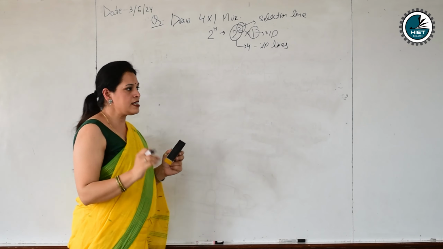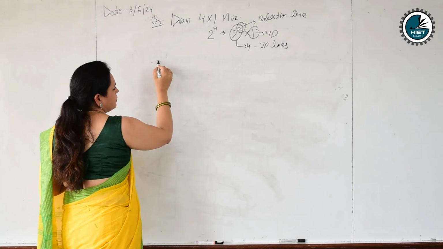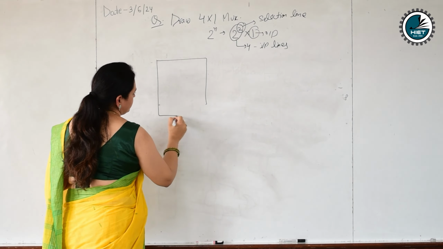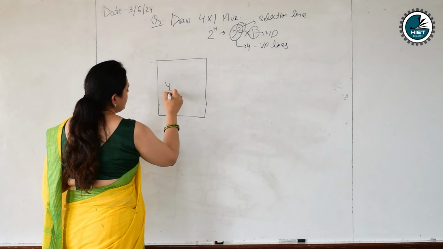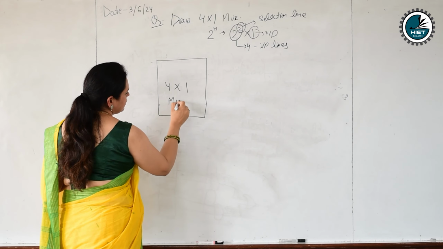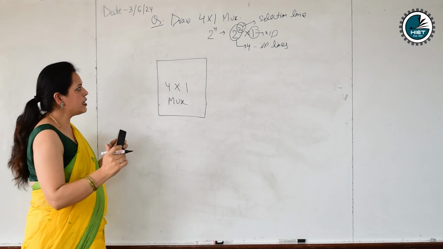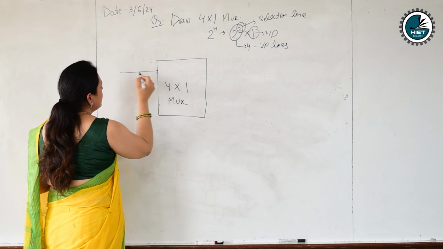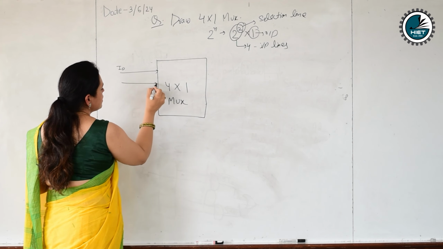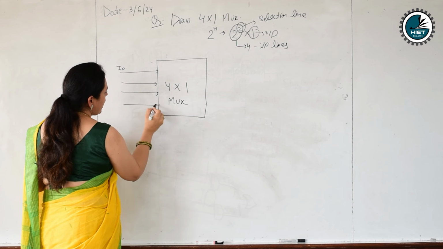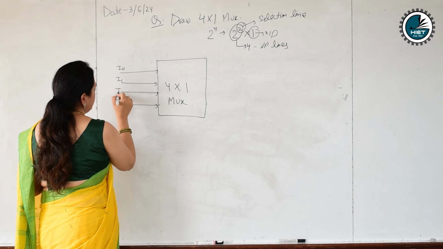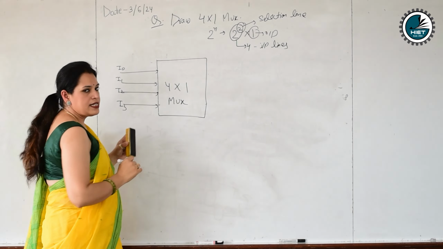Clear? Now first step, draw the block diagram. This is the 4 cross 1 mux. How many inputs here? Here 4 inputs, I0, I1, I2 and I3. These are the 4 inputs.